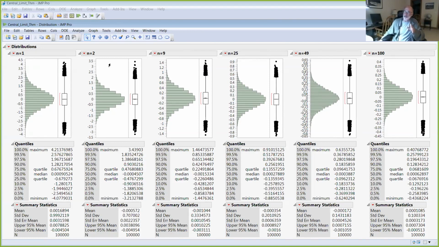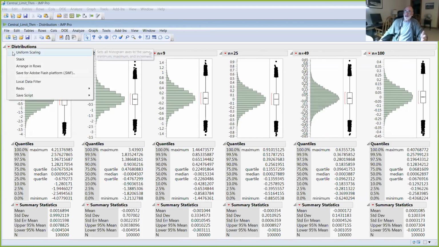The one difference is, if you start looking at the scaling, you'll notice the scaling is not uniform. I'll make that uniform here in a second. What you notice is they look extremely similar going across. But if you look at the mean and the standard deviation, actually, let me do the uniform scaling first.